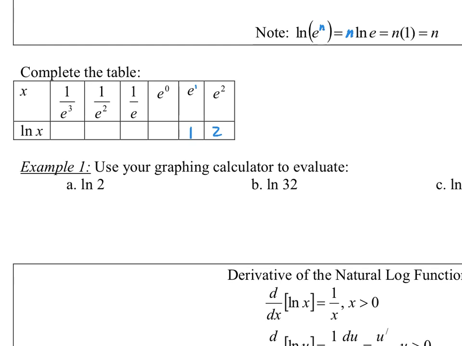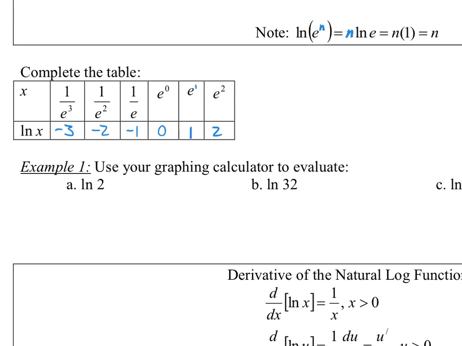Ln of e to the 0 is simply 0, okay, because that's 1, and ln of 1, or any log of 1, no matter what the base is, is going to equal 0. 1 over e is e to the negative 1, so ln of e to the negative 1 is negative 1. Ln of e to the negative 2 is negative 2, and ln of e to the negative 3 is negative 3.